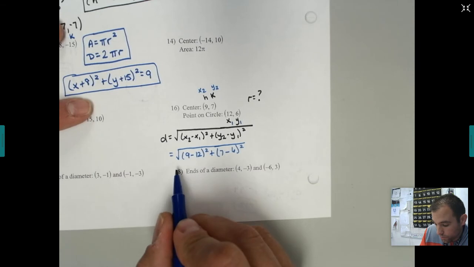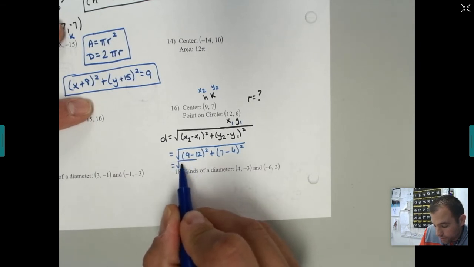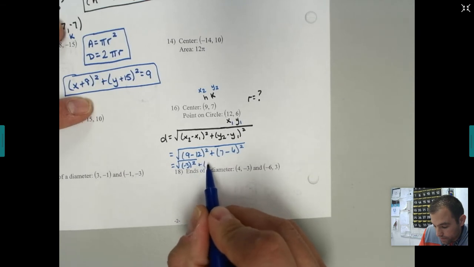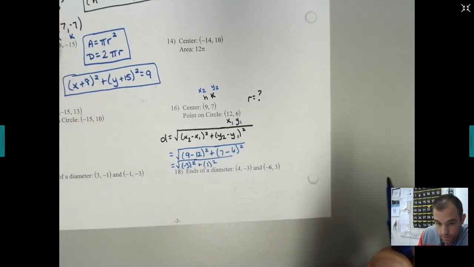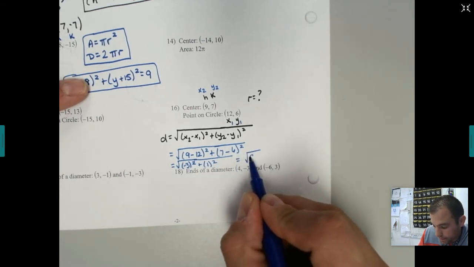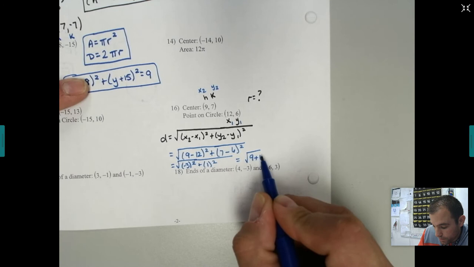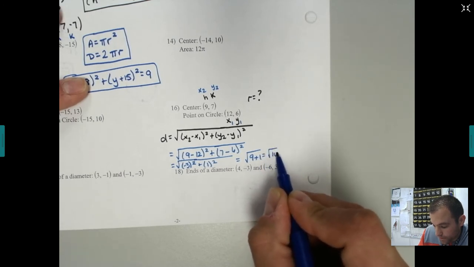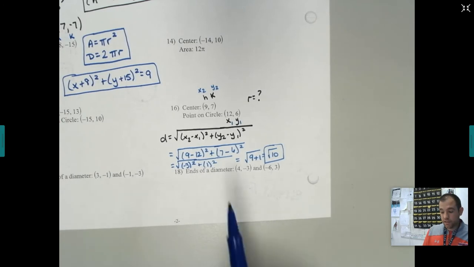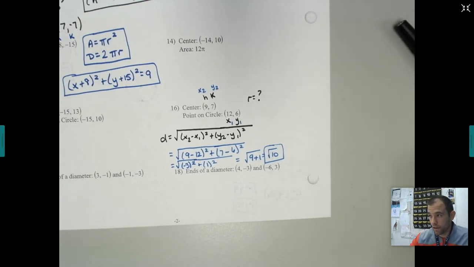Okay, so 9 minus 12 is negative 3 squared. 7 minus 6 is 1 squared. Negative 3 squared is 9. 1 squared is 1. So I end up with the square root of 10. That's my radius. That is the distance from the center to that point on the circle. So from the center out, that is what I get.